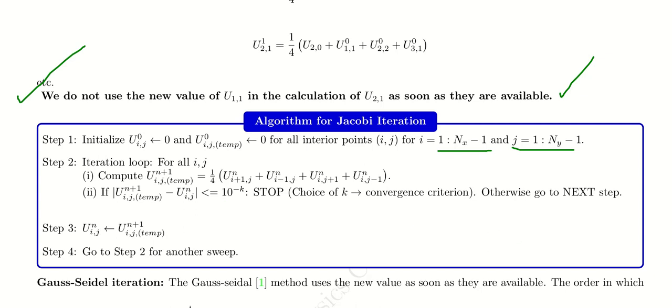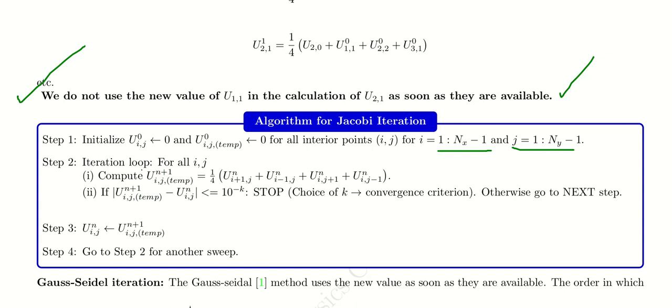If the difference between the values in the nth iteration and the n plus 1th iteration is less than some accuracy limit, then we can exit the iteration. If this convergence condition is not satisfied, then we go further.